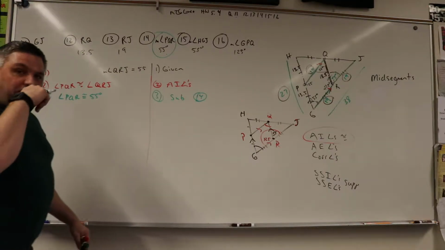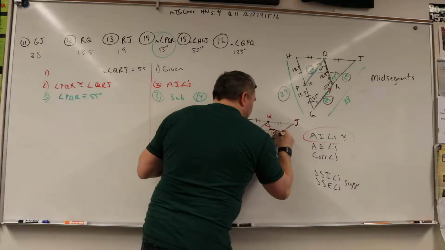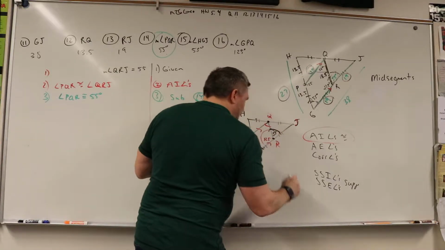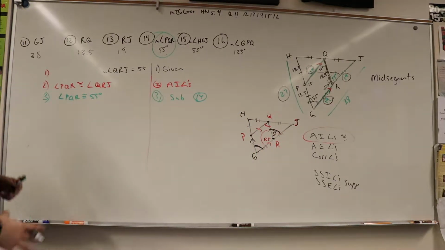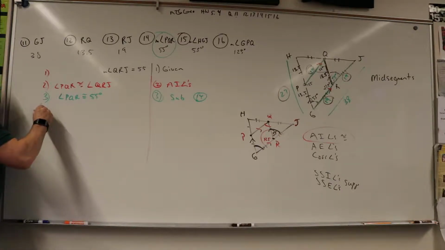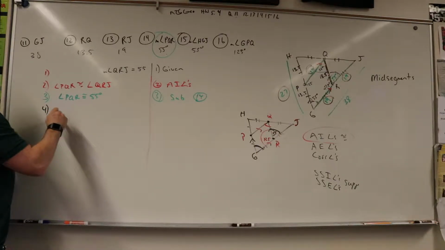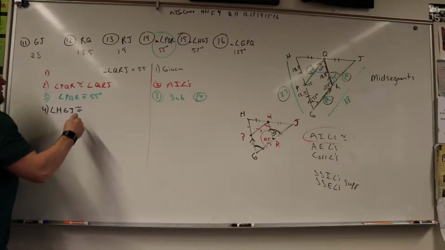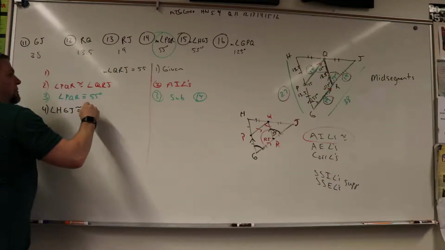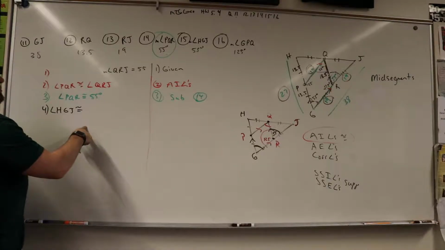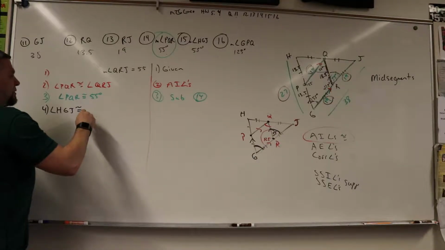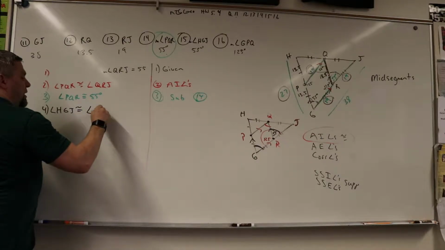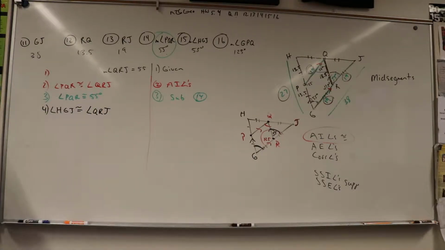If that's true, then these need to be congruent. But why? So I know that HGJ is congruent to QRJ, but why? Why are they congruent?